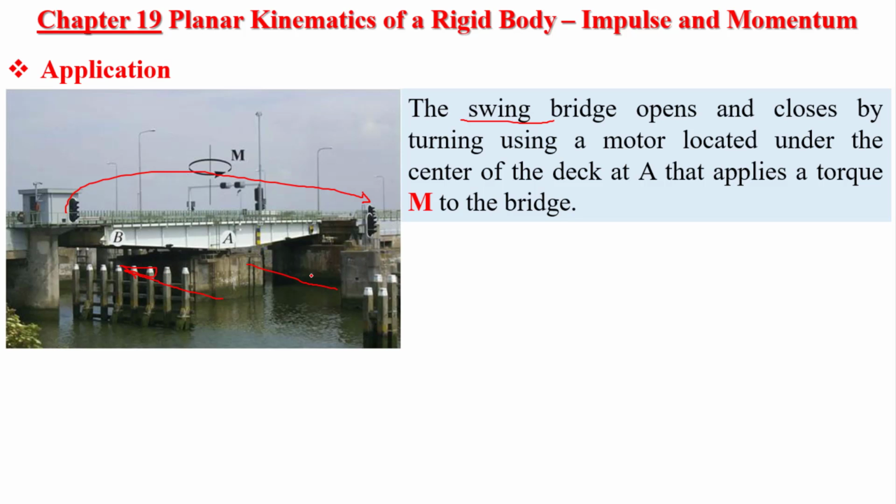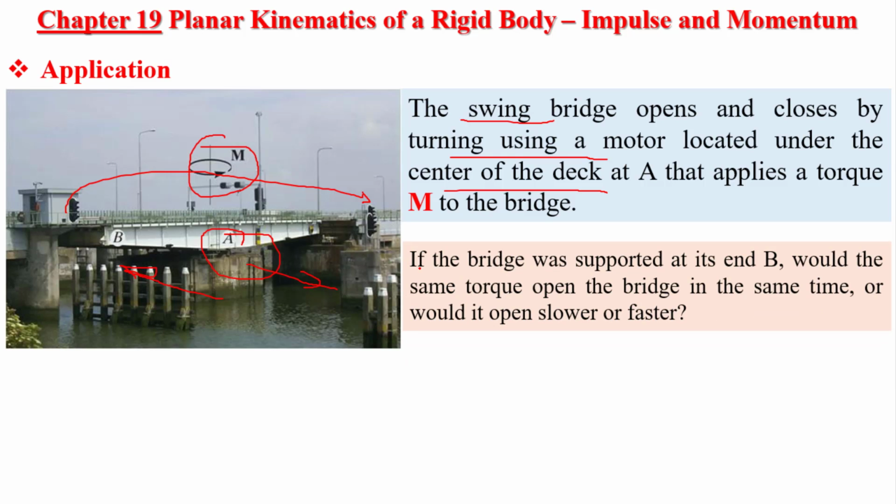This swing bridge opens and closes by turning using a motor located under the center of the deck at A. So here is the motor located at this point, and it applies a torque M to the bridge. This torque will help the bridge to open and close.